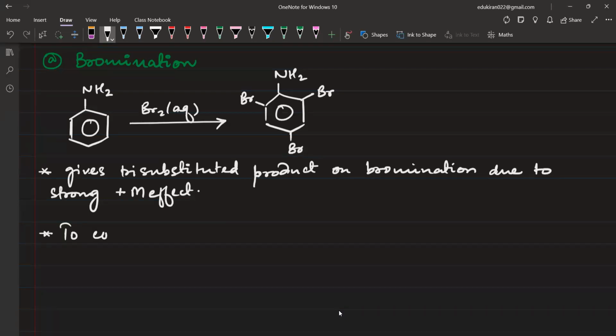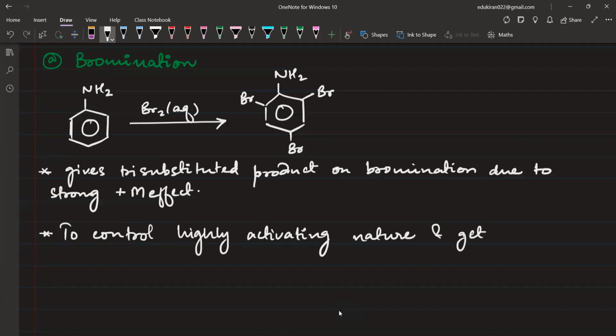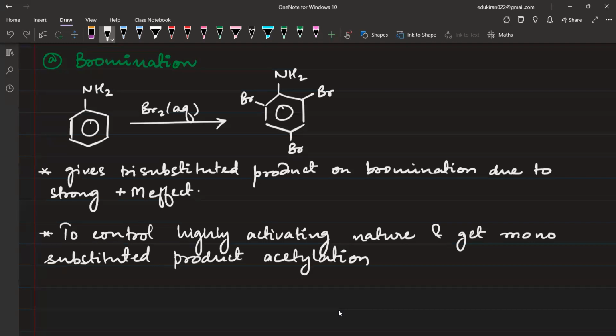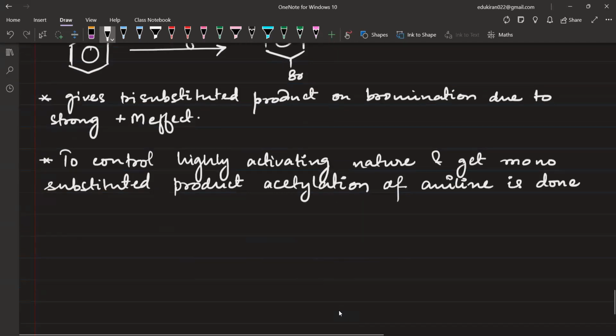To control highly activating nature and get monosubstituted product, acetylation of aniline is done.